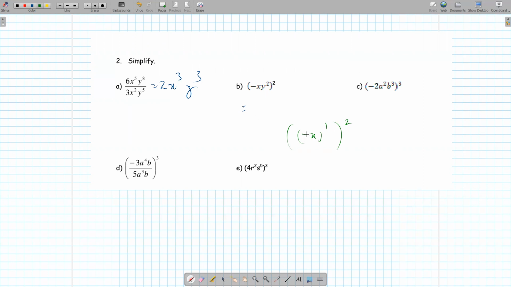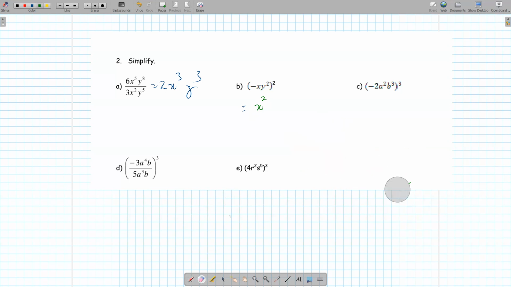And what does that mean? That means you have a negative sign being squared and then you have an x being squared. Okay, any negative thing you have here, when the exponent is even, it kills the negative sign. So in this case, you have negative x squared, it's just going to be positive x squared. Like negative 2 squared is a 4, right? 2 squared is a 4, and negative times negative is a positive.